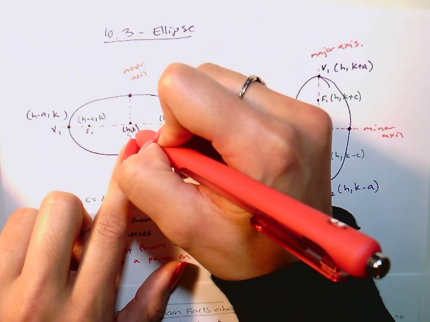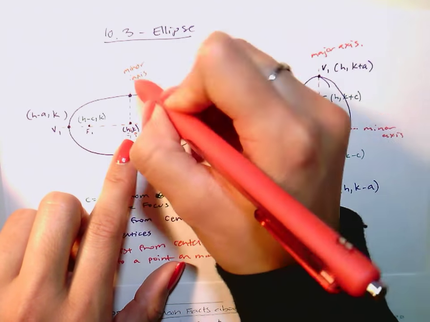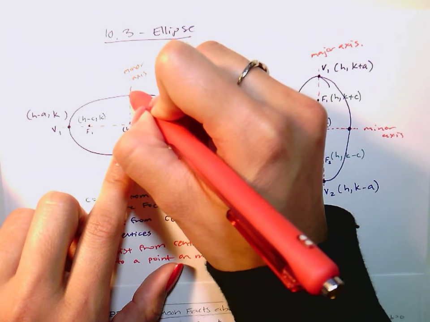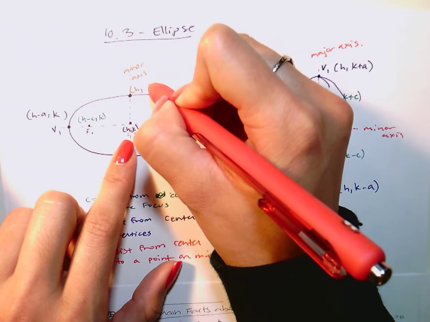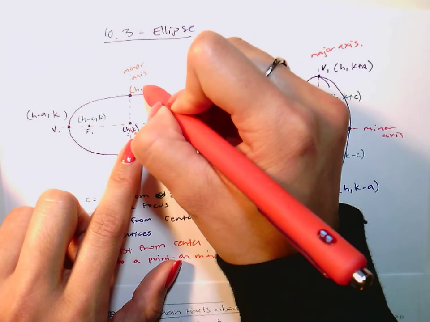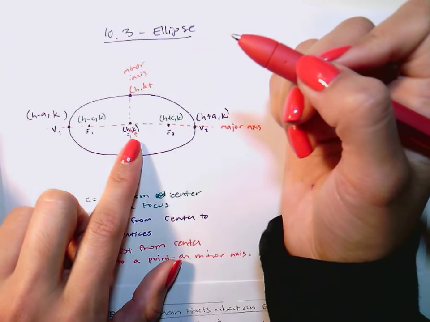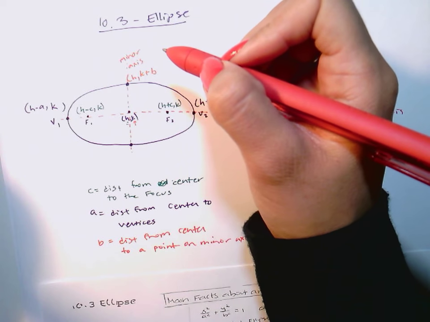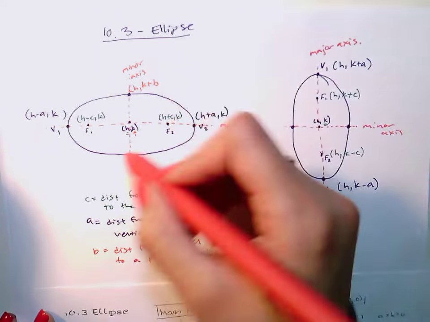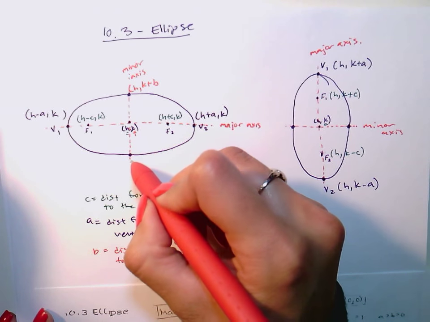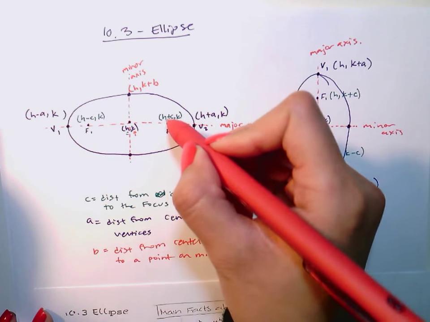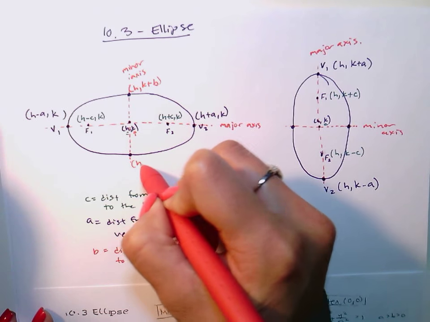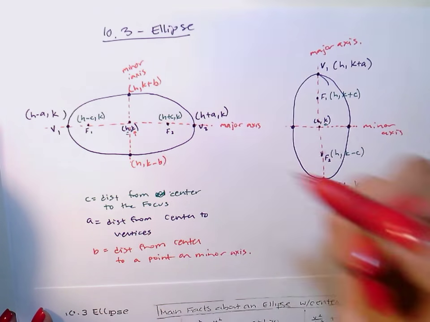The one that's going to change is the k, the y value. The h, the x value, is going to be the same. The y value is now going to be k plus b. And if we are going down by b units, this other point on the minor axis is going to be h, k minus b.